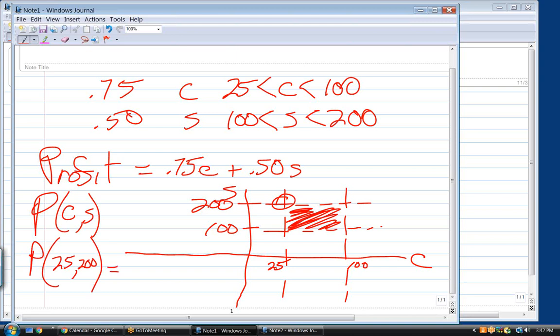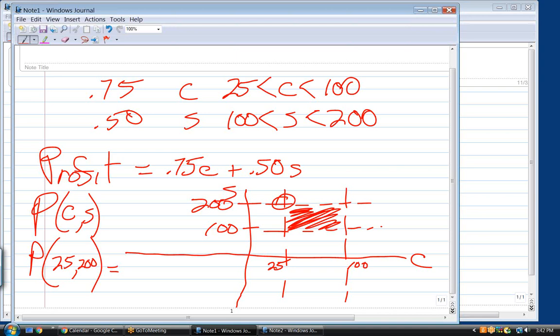Well, if I plug it in, it's 75 cents times 25. You have a calculator handy? Here, I got one.